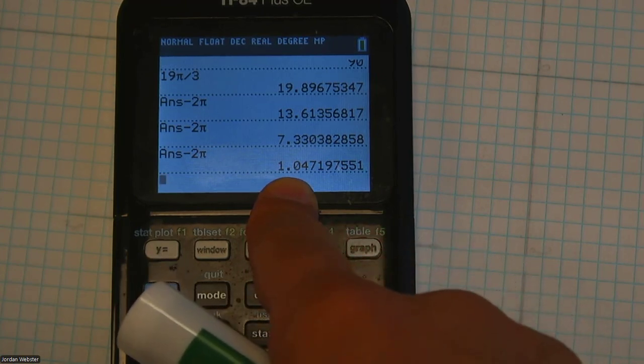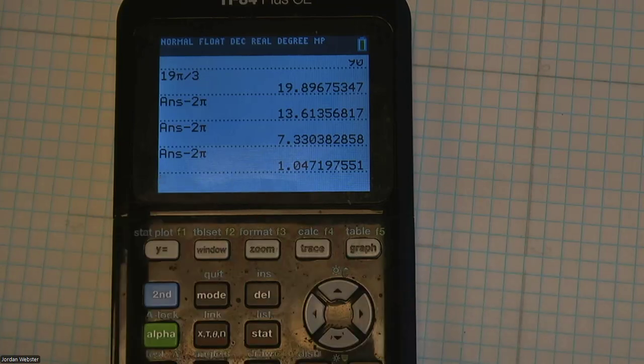Now that it's between 0 and 6.28, I know that the coterminal angle of 19 pi over 3 is about 1.0471975551. If you want to force that to be in exact form, something like pi over 3 or pi over 2 or whatever, you can just divide by pi.